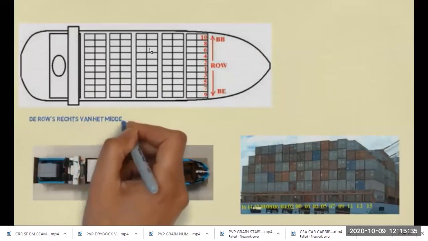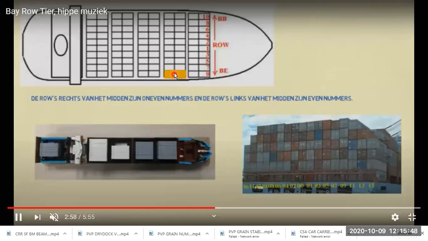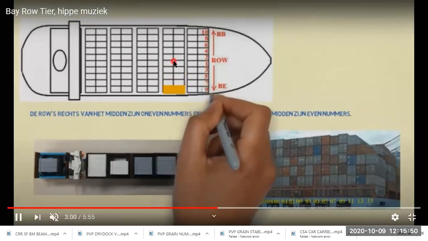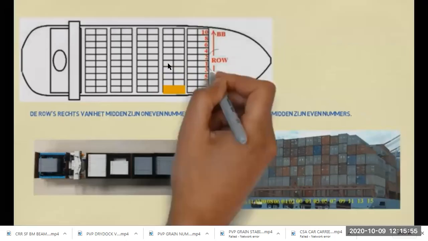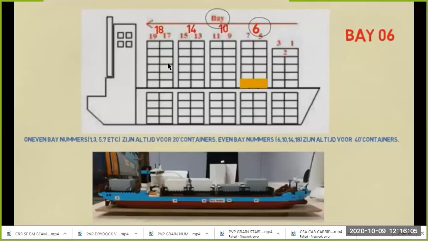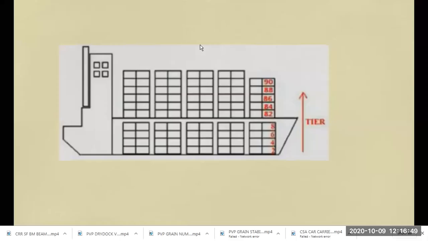So like this we will do the marking. So we are talking about this container is in bay number 6, row number 9. Here we can see, so this is our bay number 6, and row number 9 we already got.